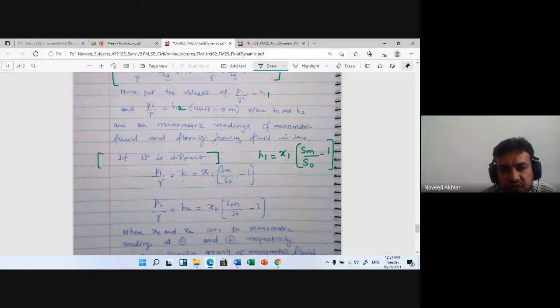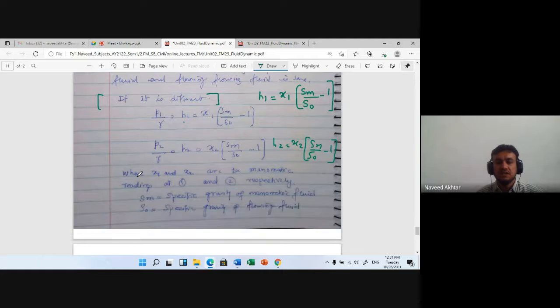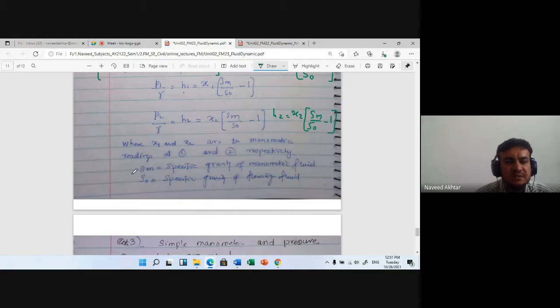Similarly, H2 is X2 into Sm upon S0 minus 1, where X1 and X2 are the manometric readings at sections 1 and 2. Sm is the specific gravity of the manometric fluid, and S0 is the specific gravity of the flowing fluid.